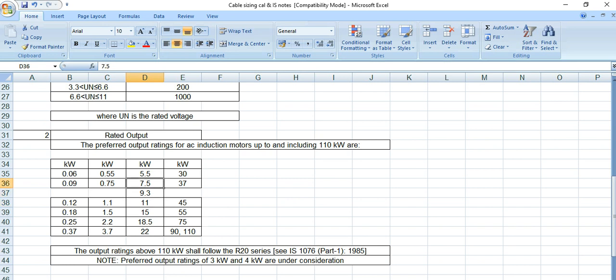Next 7.5, 5.5, 3.7 kilowatt, also 2.2 kilowatt. Next 0.75 kilowatt, 0.55 kilowatt, and 0.37 kilowatt. These are the mostly used three phase induction motors for industrial applications.